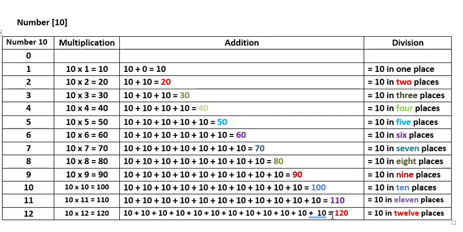It's as if we are saying 120 minus 20, and it's going to give us 100. If we say 10 in 9 places is 90 and we take 1 away, that means 10 in 8 places. That gives us 80. That is 90 minus 10.